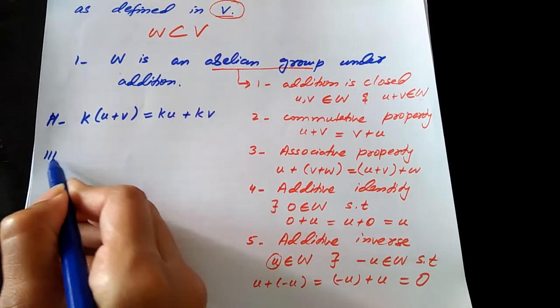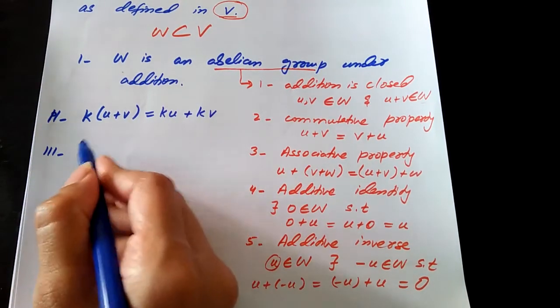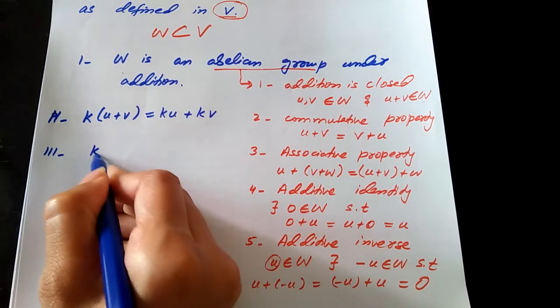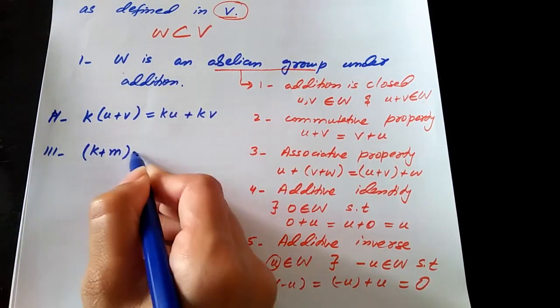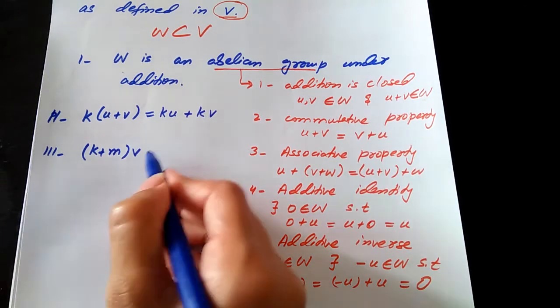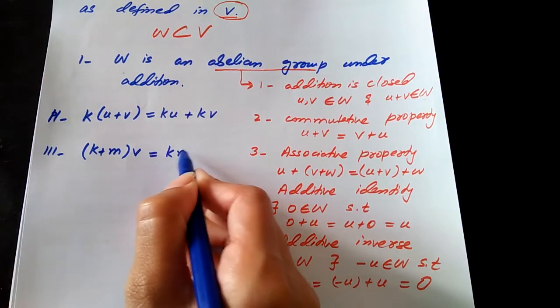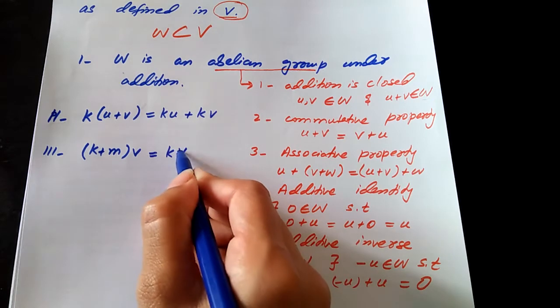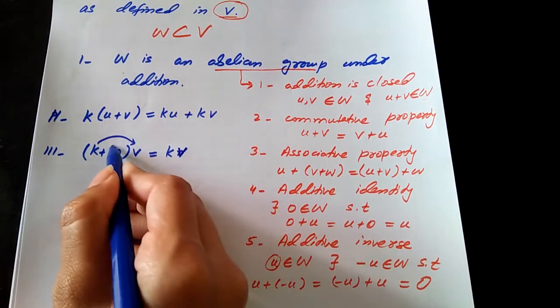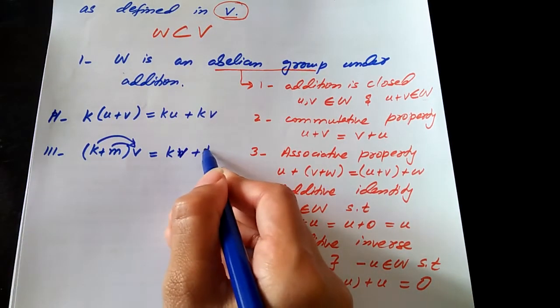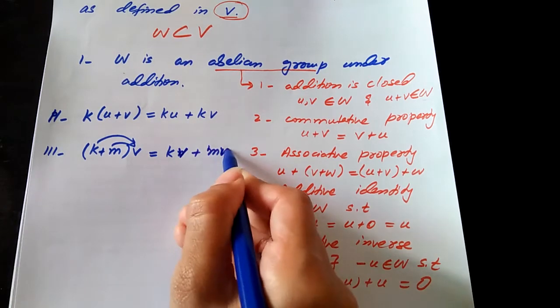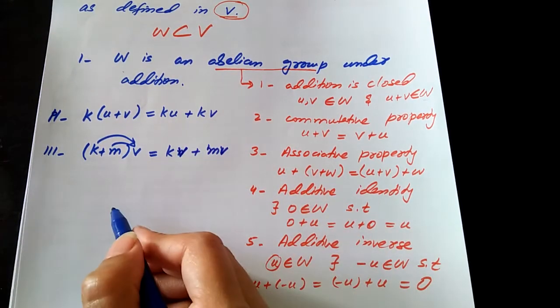The third axiom for proving it as a vector space is, consider two scalars, add the scalars like this and multiply it with a vector. You will get the same answer if you separately open it like this and then add them up.